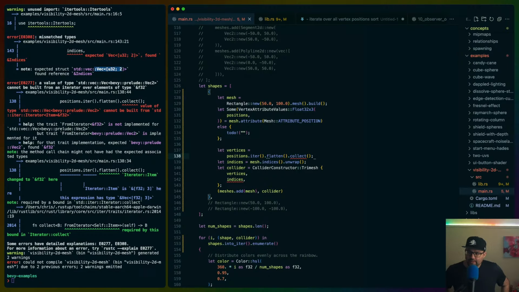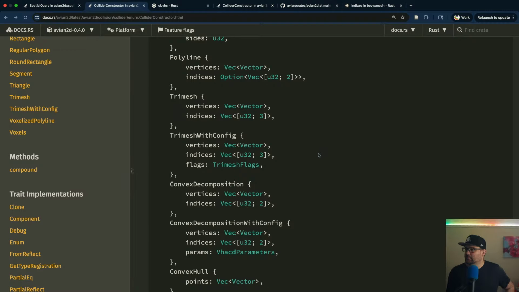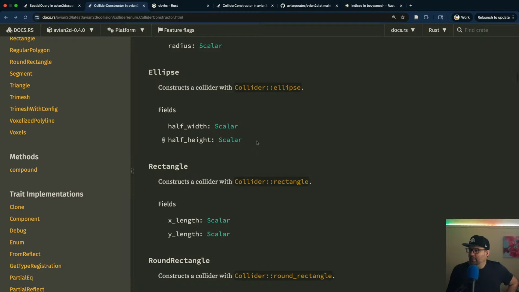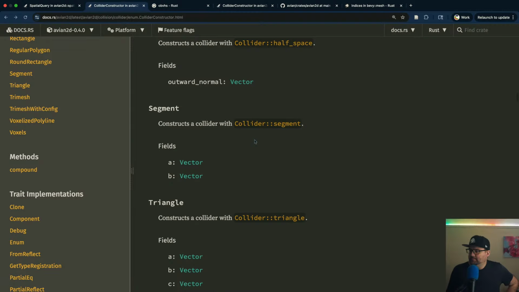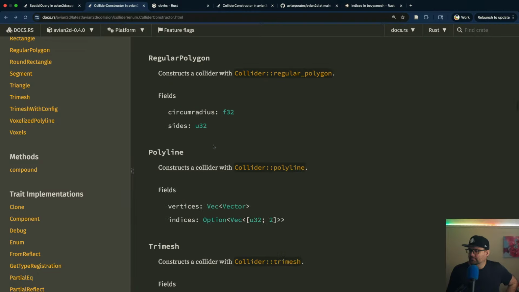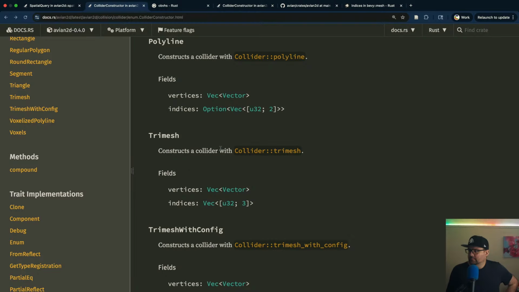We have the vertices and the indices. Do they describe the data at all? Trimesh. Vector. Right, this is a vec of vec3s. Or vec2s for us, actually.